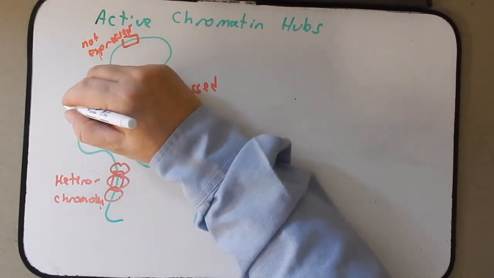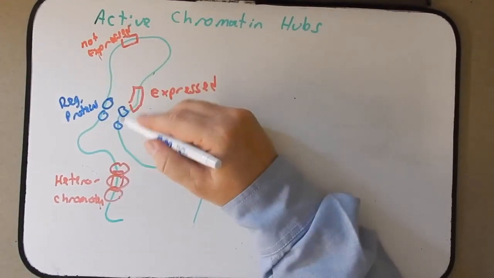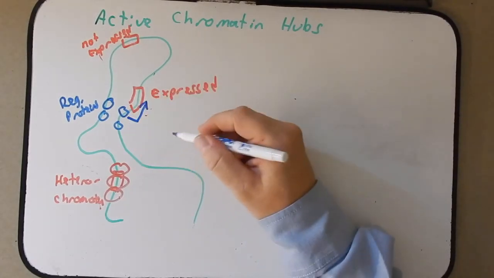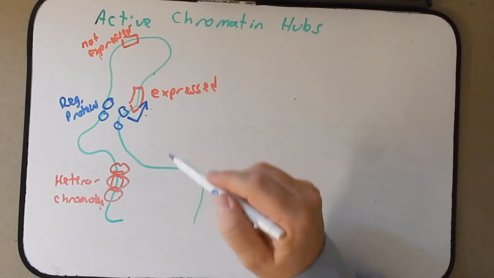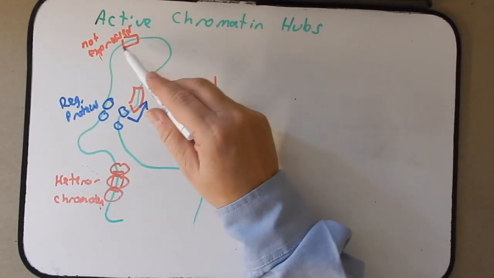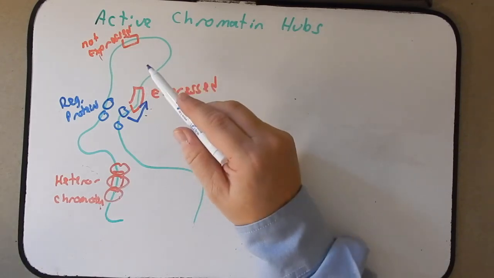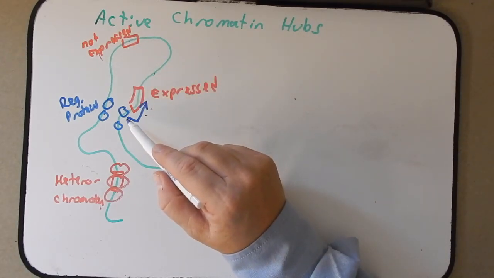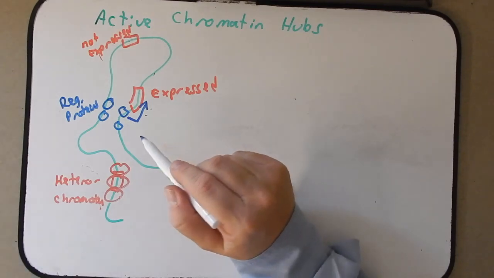So these are regulatory proteins that have been brought close to each other, and that allows this gene to be expressed. Now this gene can't. Maybe under different circumstances, the chromosome would flex in a slightly different direction, and now this gene would be closer to some activator sites and activator proteins.